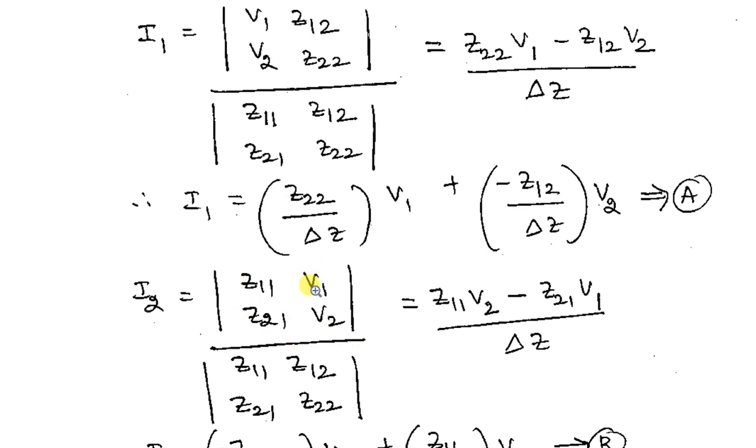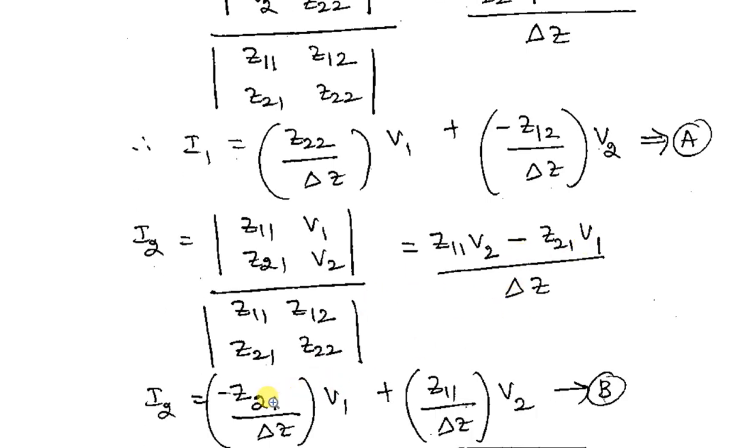For this also you find the determinant: Z11 V2 minus Z21 V1, divided by delta Z. Since V1 is to be written first, the negative value comes first. So I2 is equal to minus Z21 by delta Z into V1 plus Z11 by delta Z into V2. You can rewrite these as equations number 5 and 6, or give any other names like A and B.